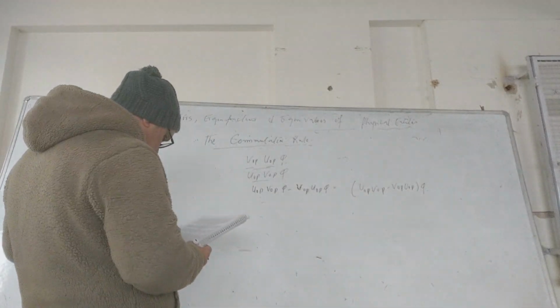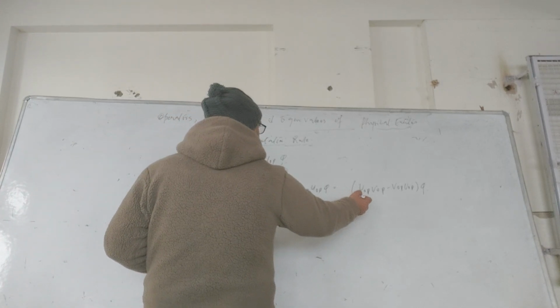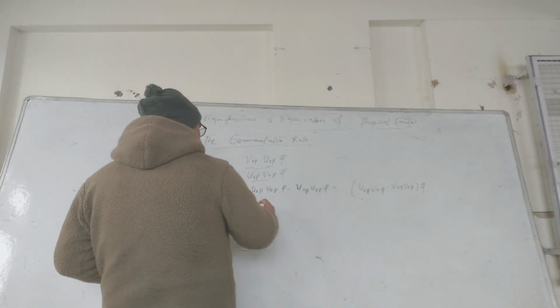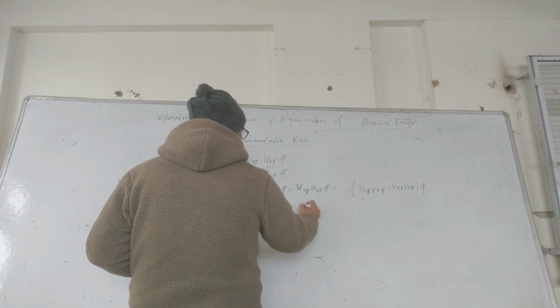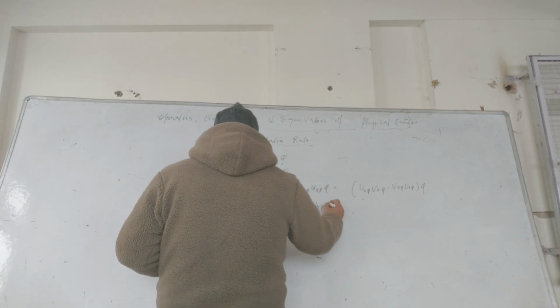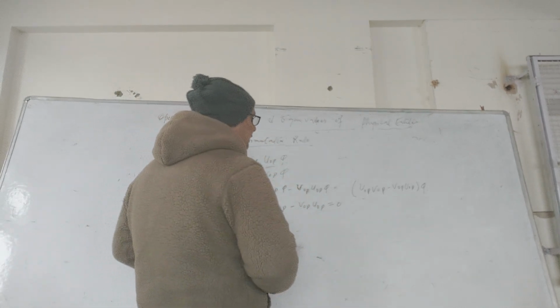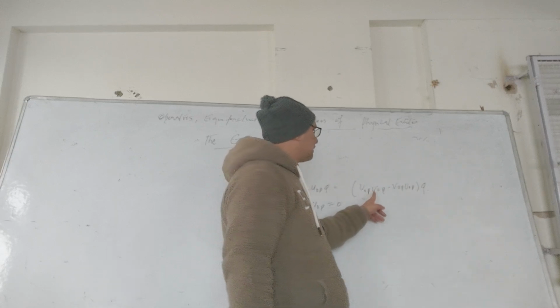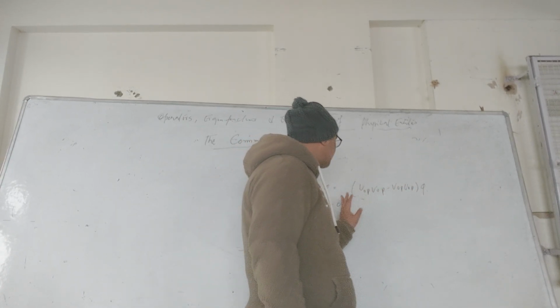So the question is, if for example UOP, VOP minus VOP, UOP is 0 acting on phi, this means it doesn't matter which operator acts first.